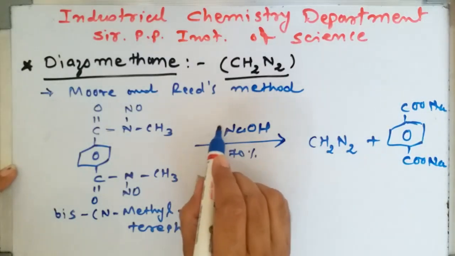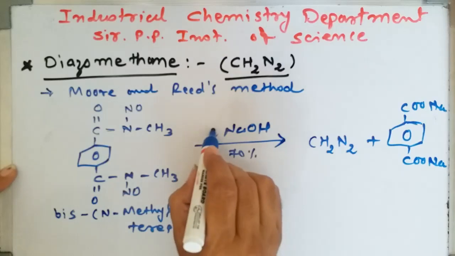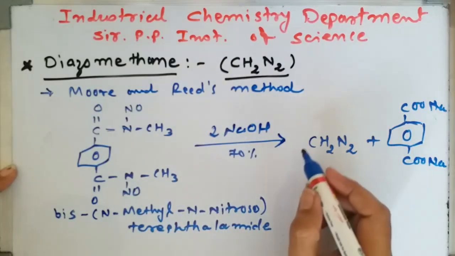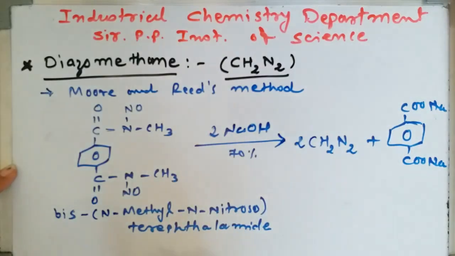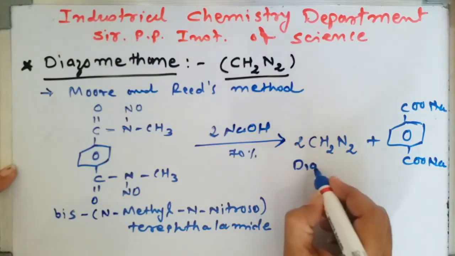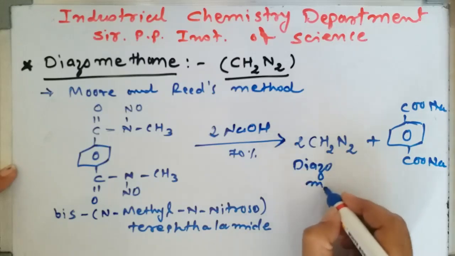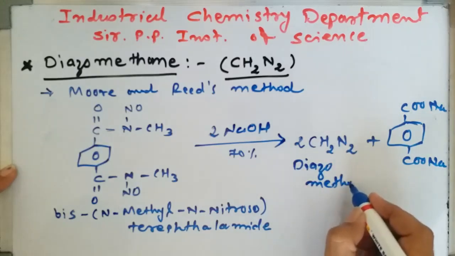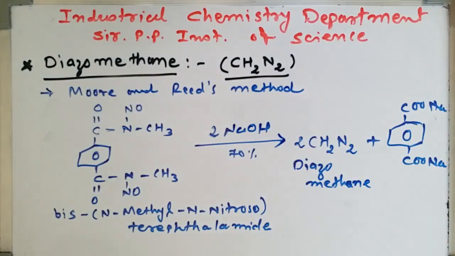For balancing, 2 moles of NaOH are required and 2 moles of diazomethane are produced. So this is the first method we prepare diazomethane. Now we see the second method.